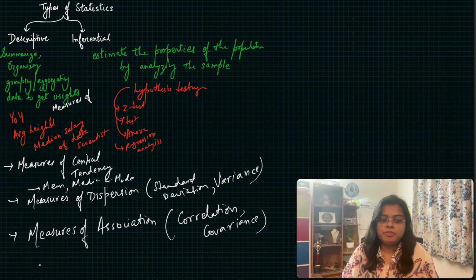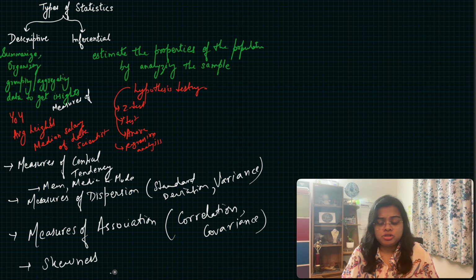And then you have other topics like skewness, the shape of the distribution. Then you have probability distributions, what is the shape of the data, probability and probability distribution.